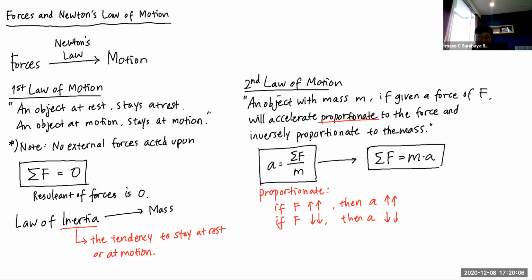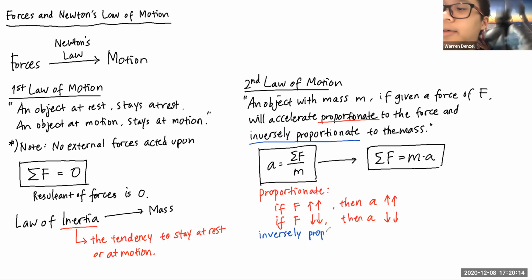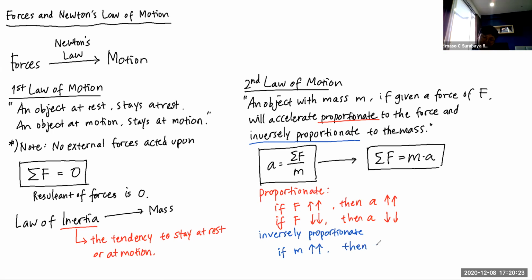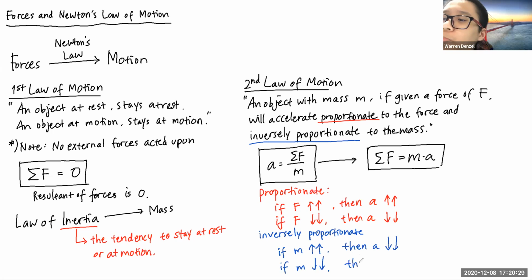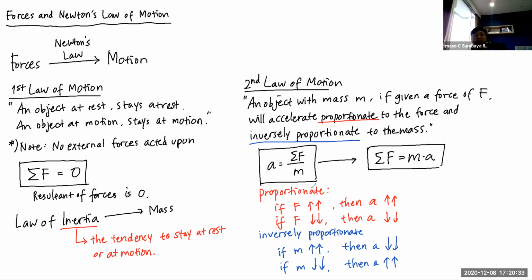And then again, what is inversely proportionate? If M increases, then A decreases. If M decreases, then A increases. So it is the other way around, yeah? So this is the second law of motion.